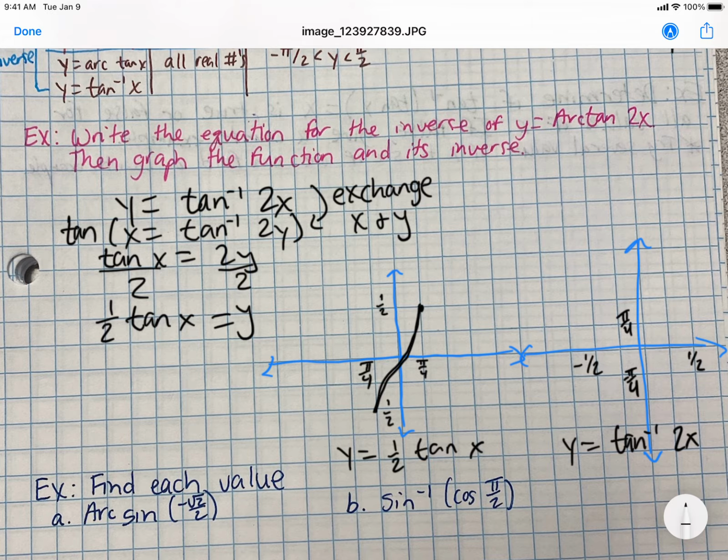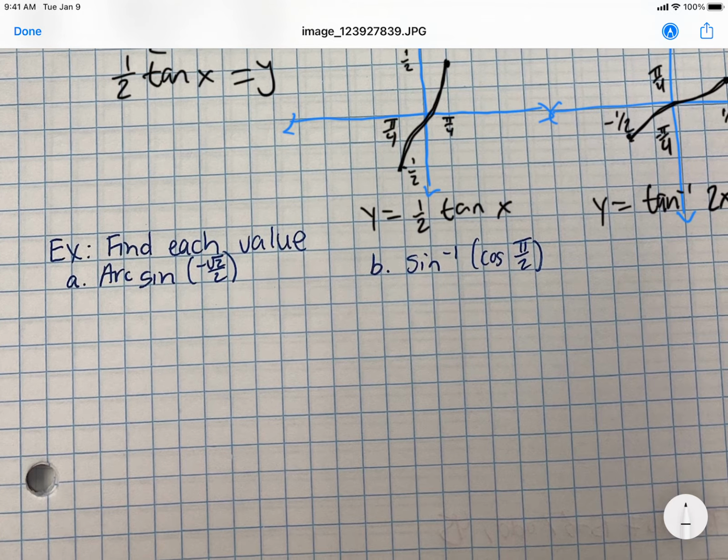Our positive 1/2 went up to pi over 4, our negative 1/2 went down, and our S looks something like that. Okay, so there are my graphs of those.